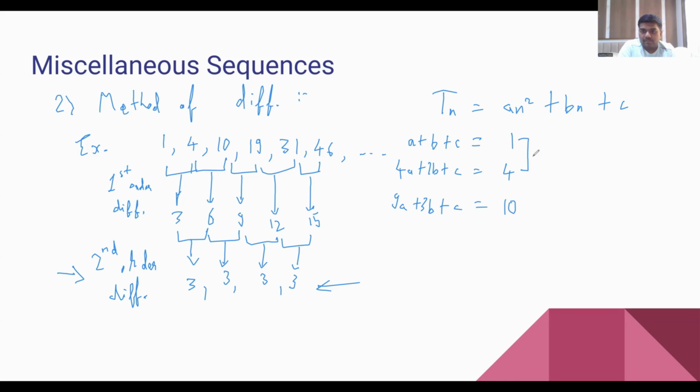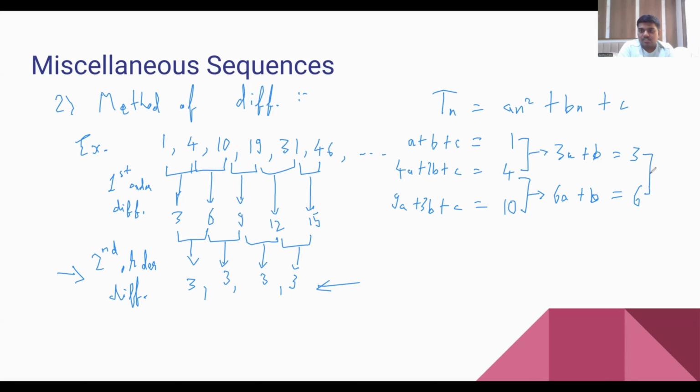Now doing the difference, we get 3a plus b is equal to 3 and 5a plus b is equal to 6, because c and c will cancel out.